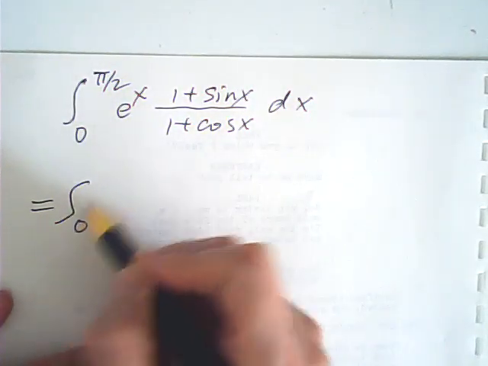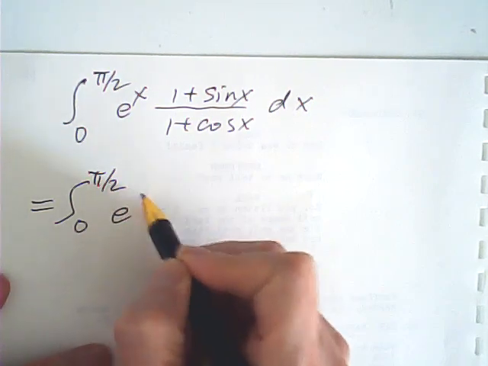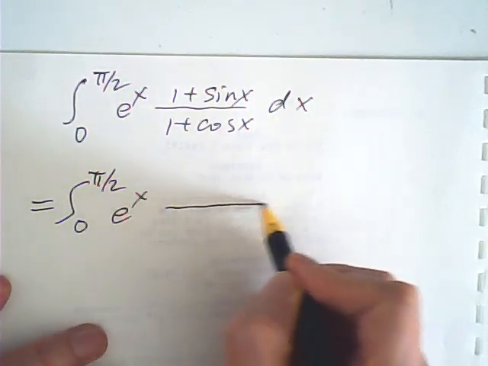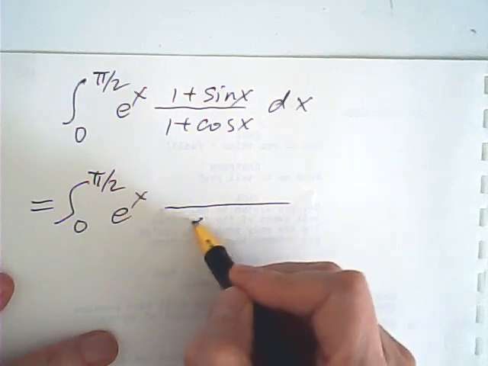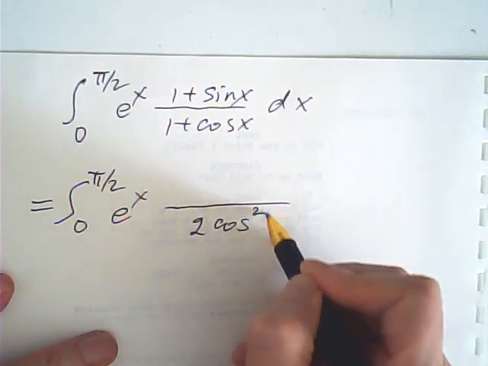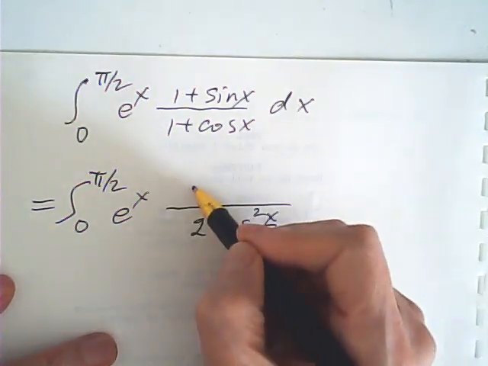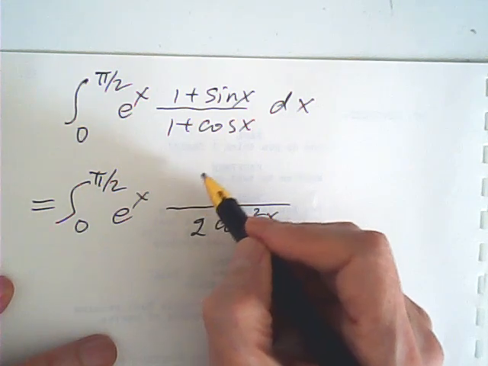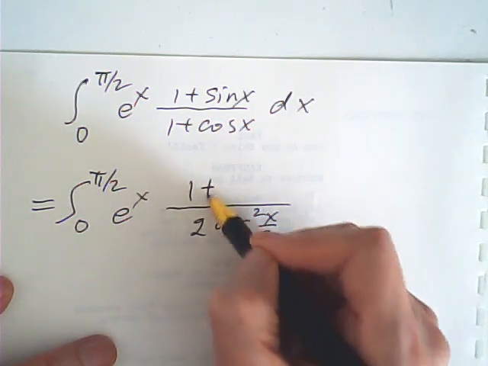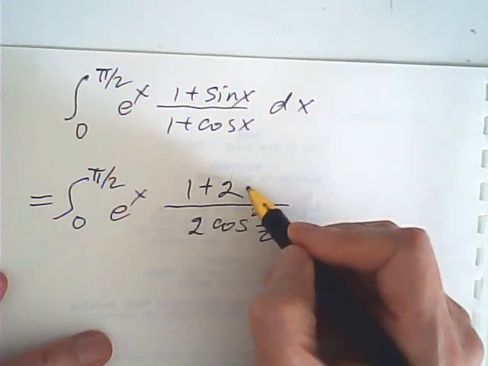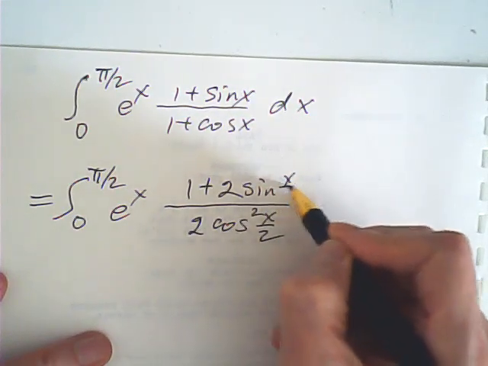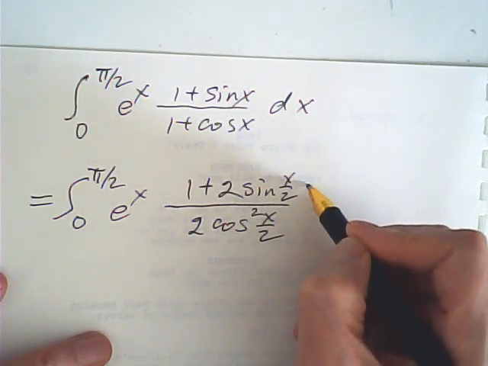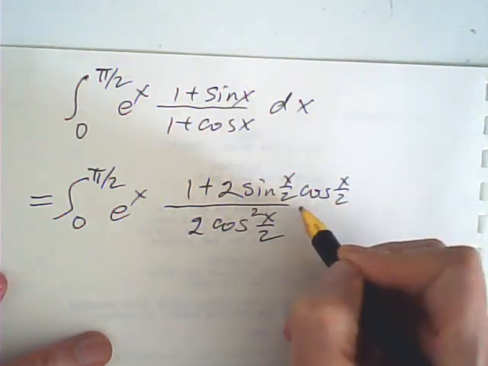This is equal to e^x, the denominator is 2 cosine square half x, and the numerator is 1 plus 2 sine half x cosine half x.